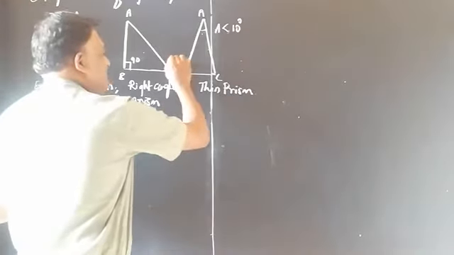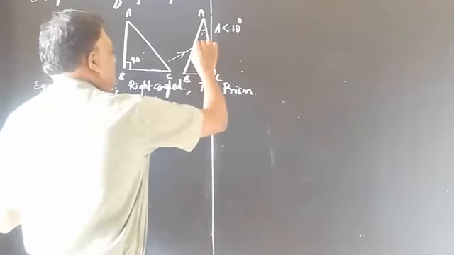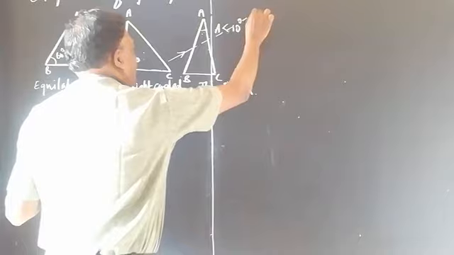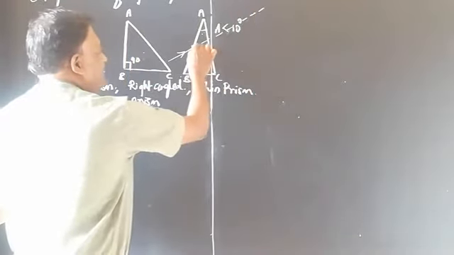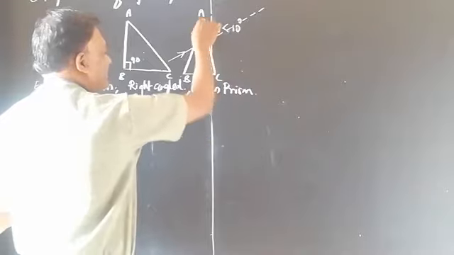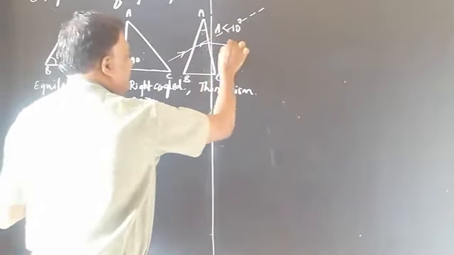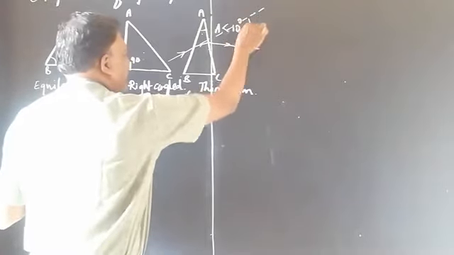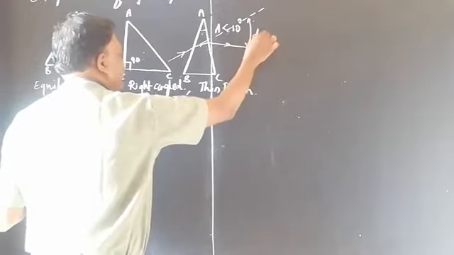If any light ray is made to incident on this thin prism, instead of traversing straight according to rectilinear propagation of light, it bends twice at the interfaces AB and AC. So this particular angle is angle of deviation.